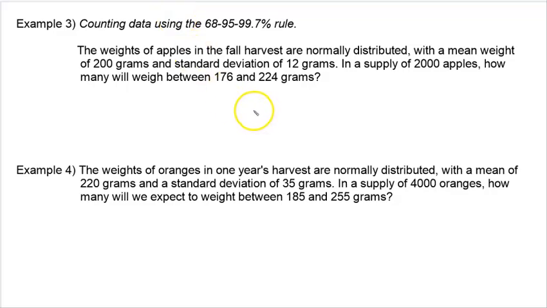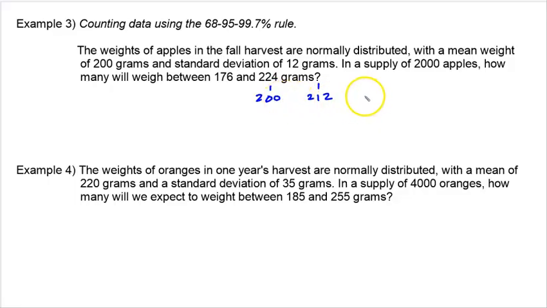Okay, now let's use the empirical rule to actually count a number of items. All right, so the weights of apples in the fall harvest are normally distributed. We have a mean of 200, so just do a little visual here. A standard deviation of 12, so you might consider this. I'm not saying this is required, but just to give us something to look at.